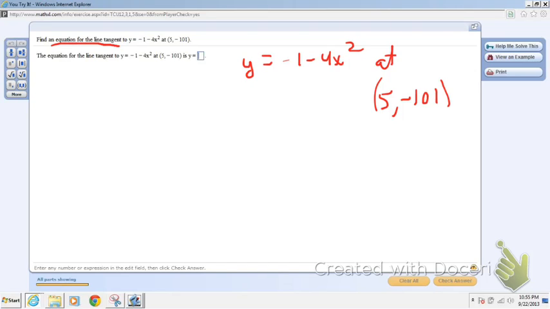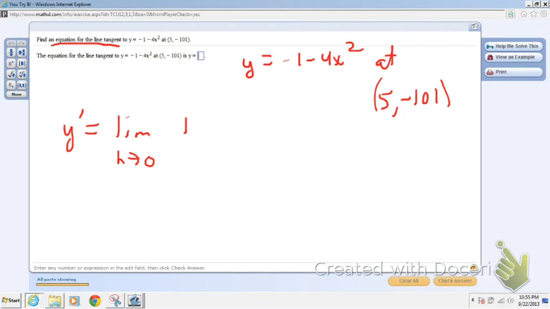Now, in our very near future, we're going to have all these shortcuts for finding the derivative, but now we want to find y prime using the definition of the derivative. It's so tempting for me to use the shortcuts, but we want to use the definition. So that's going to be the limit as h approaches 0 of f of x plus h.